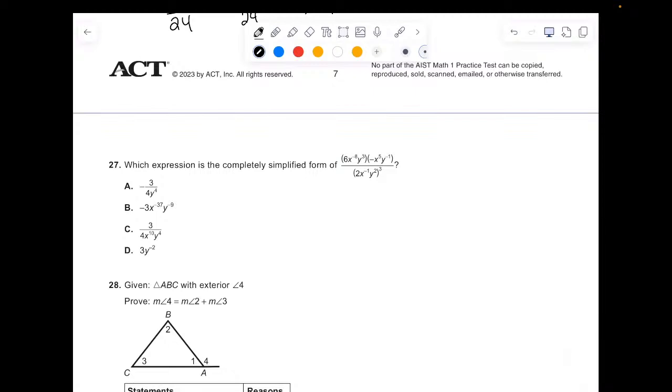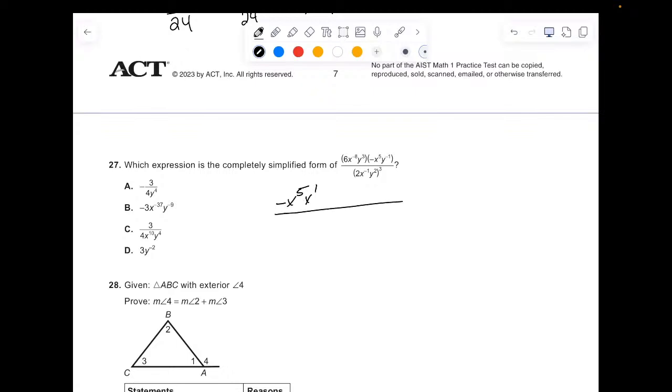Which expression is completely simplified form? Okay. So negative x to the fifth, x to the first, right? Yep, that's all the upper x's.